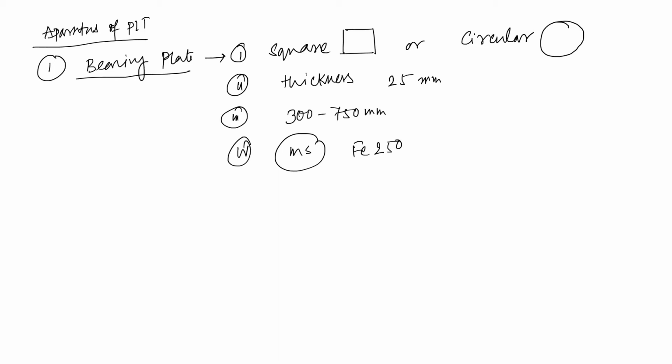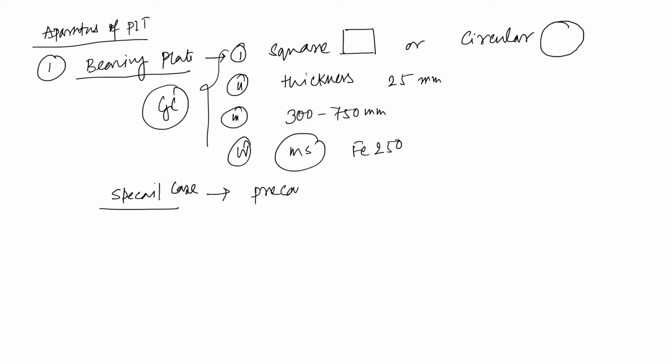But there is a special case. Those four points I have discussed are the general case, but in a special case sometimes they use a precast concrete block, when depth D is not less than 2/3 of the width.